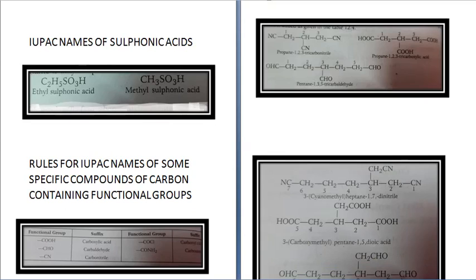So this is a primary amine in which the carbon is of 1 degree. Anyway, C, CH3, C, CH3, CH3, NH2. So to name the amine, you just name it as alkanamine.